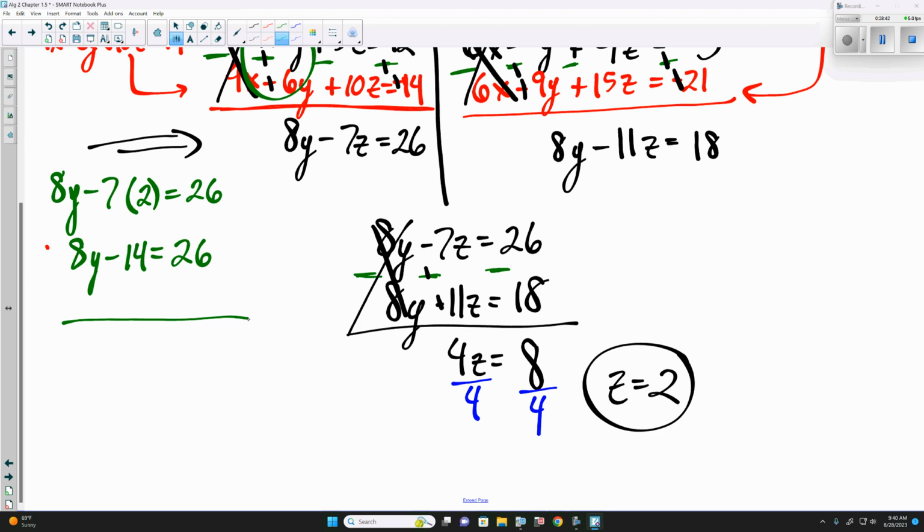Well, now I have one equation with 1 variable again, yes? Solve for y. So we'd add 14 to both sides. Plus 8y is equal to 40. Last but not least, we divide by 8.